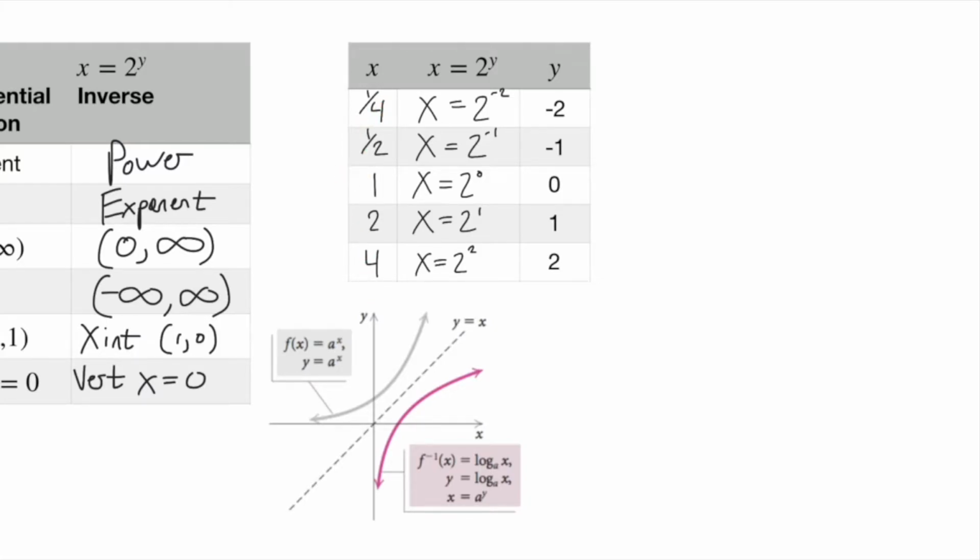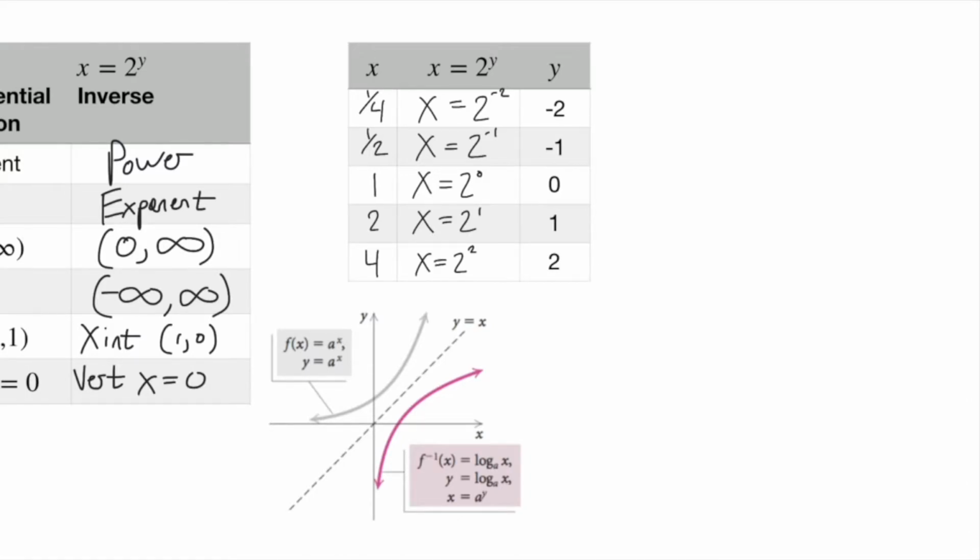It's just a lot easier to not guess the x's, but instead to demand, okay, I want y values of -2, -1, 0, 1, 2. I'll plug them into the equation and calculate the x values. It's a lot easier to go in this direction, because that's what we've been doing so far. So if you have to do these, then work the table backwards.